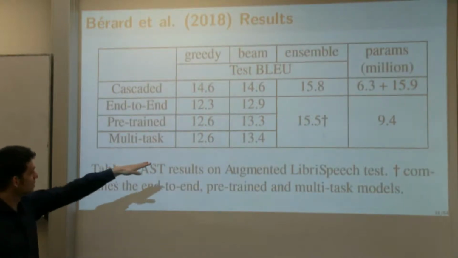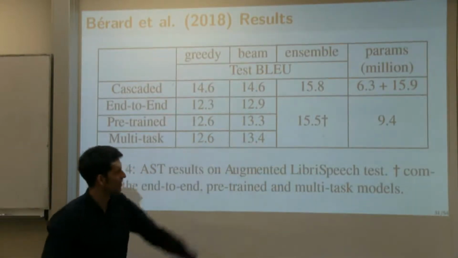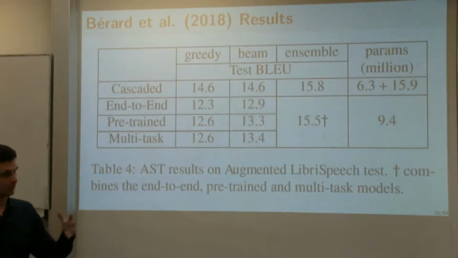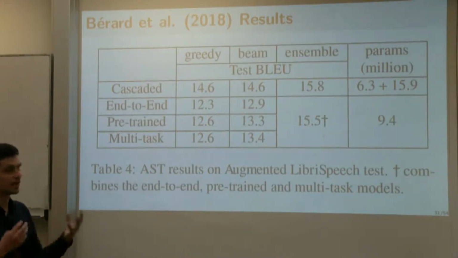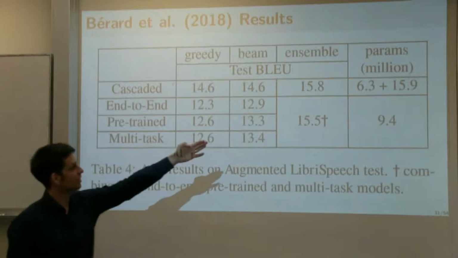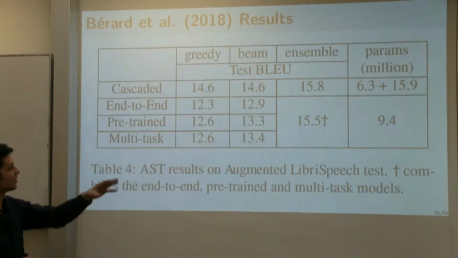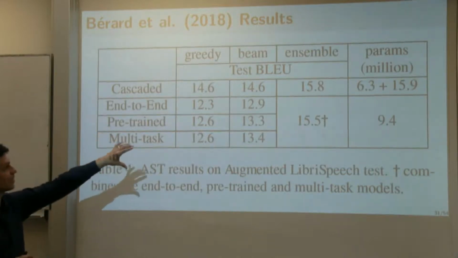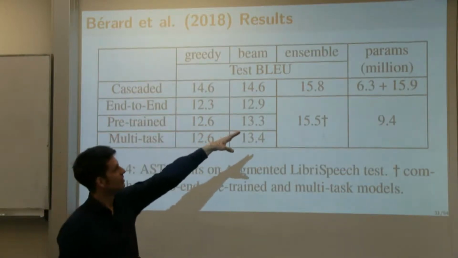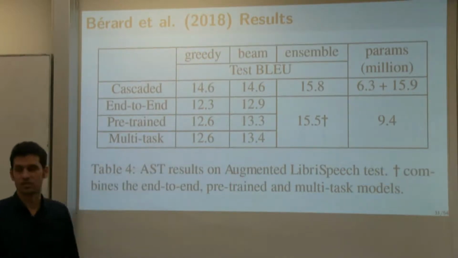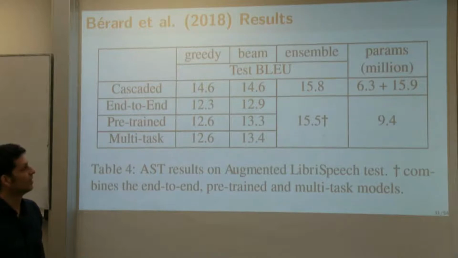So the multitask alone performed best, but the best result is when they use these three systems at the same time. And I've mentioned that this joint pipeline can benefit from fewer parameters, and that is reflected in the last column. It's 9 million parameters that are used in this ensembling system, compared to 6.3 in the ASR only, and 15 or 16 million in the translation component.